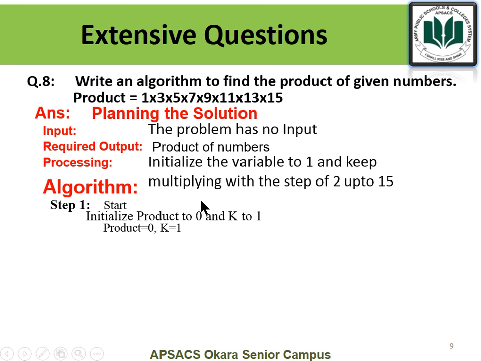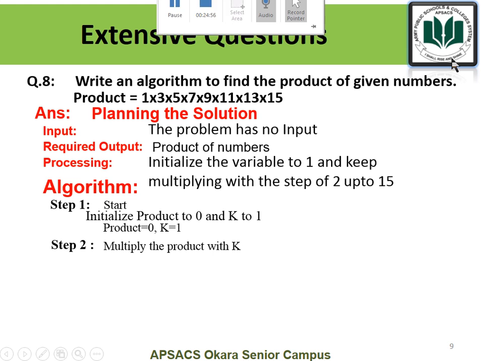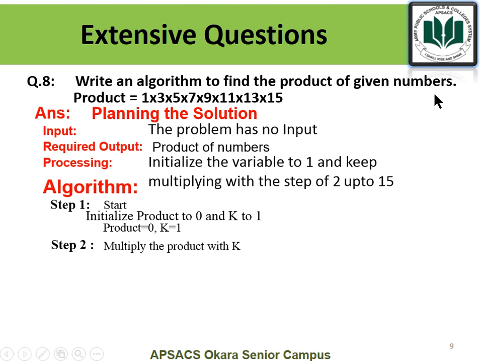Okay, product. So multiply the product with the k. Product is equal to product multiplied by k, product asterisk k. Now we saw that there we took the variable sum and did sum plus k; here we will do product is equal to product asterisk k. After that, we will be incrementing the value of k with the step of 2. In each step, the value of k becomes two steps ahead. k is equal to k plus 2.